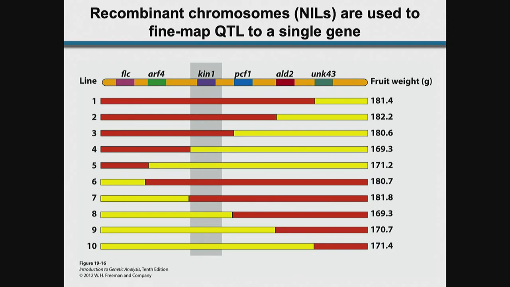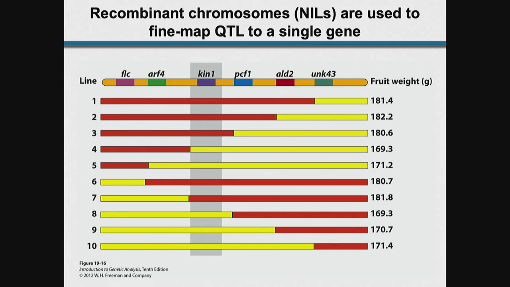And then these are inbred strains of the F2. What we can do is look at these inbred lines and measure their average fruit weight. Since all of the individuals of the inbred line have pretty much the same genotype, we can take the average of different individuals to find the average fruit weight for that inbred line.